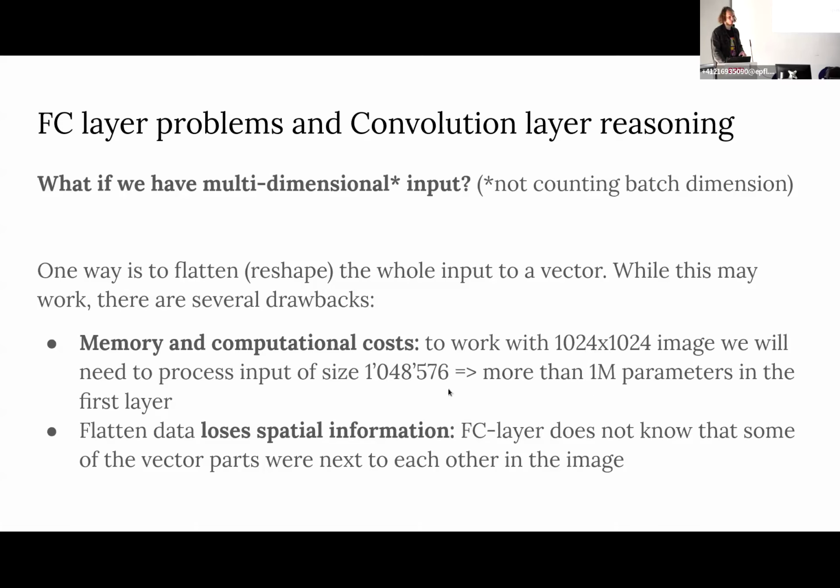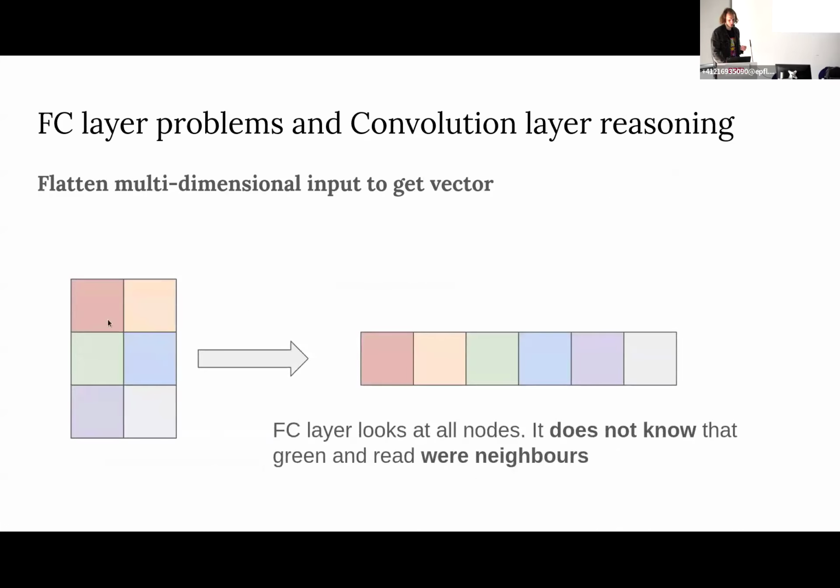Also, when you flatten the data, you lose spatial information because a fully connected layer doesn't know which parts of the vector were next to each other before in the image. So here we know that red and green were close to each other. But here in the vector format, they are far from each other and the fully connected layer wouldn't know it.